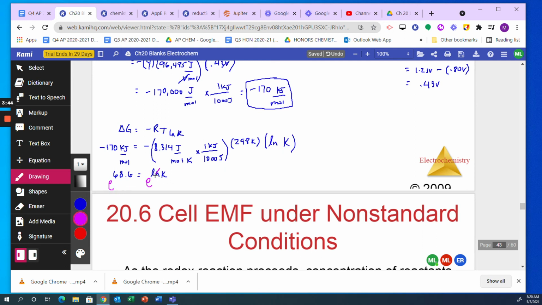That will cancel the natural log. So K equilibrium is going to be equal to E to the 68.6. And you will see that is going to be 6.3 E29. And that is the K equilibrium.